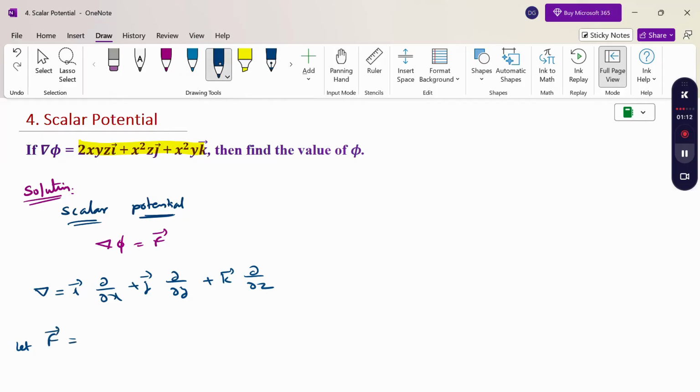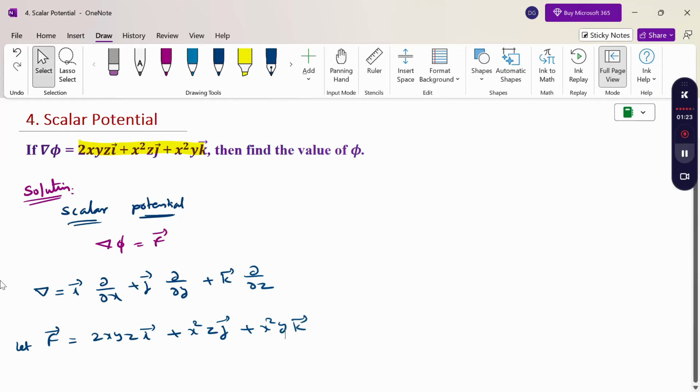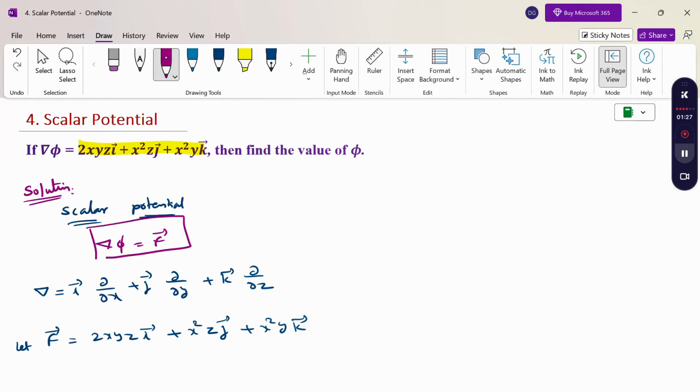Let f vector equal 2xyz i vector plus x square z j vector plus x square y k vector. Now this scalar potential is del pi equal to f vector.